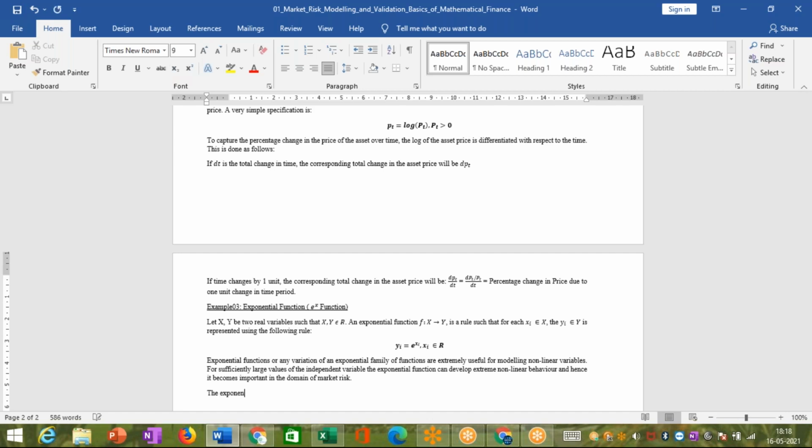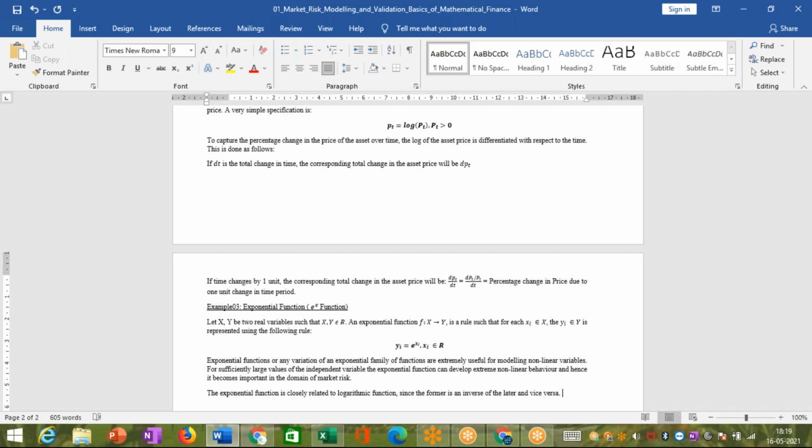The exponential function is very closely related to the logarithmic functions, since the former is an inverse of the latter, and vice versa.